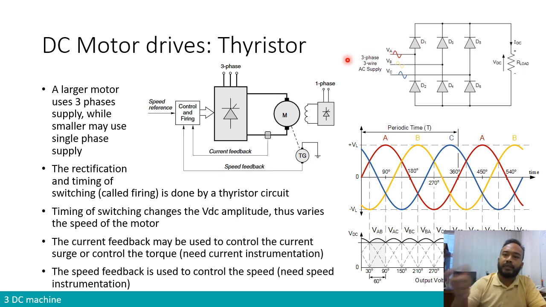The main difference between a thyristor and a diode is this: in this figure we are drawing it as a diode, noted as D1 to D6, while this is the symbol of a thyristor. For a thyristor to allow current to pass, even if it is forward biased, it needs to be triggered.